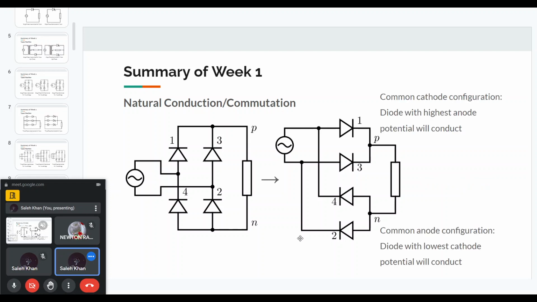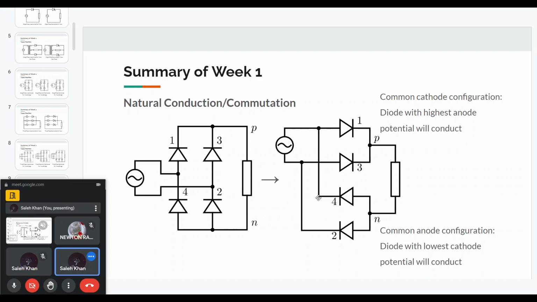The principle is that in a common cathode connection, the diode with the highest anode potential will conduct. So if diode 1 has the higher anode potential compared to diode 3, then diode 1 will conduct and 3 will remain reverse biased. And for the common anode configuration, the diode with the lowest cathode potential will conduct.